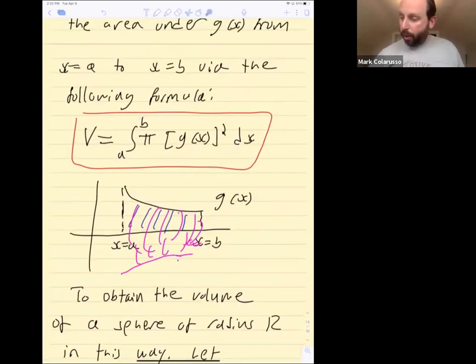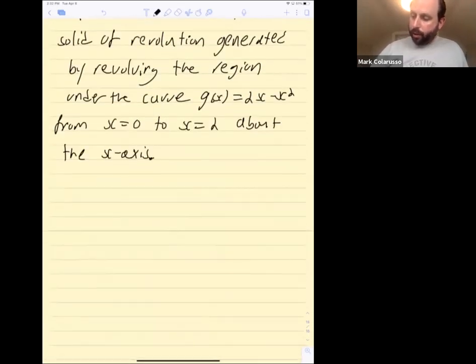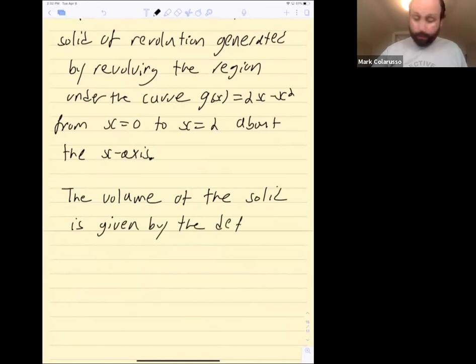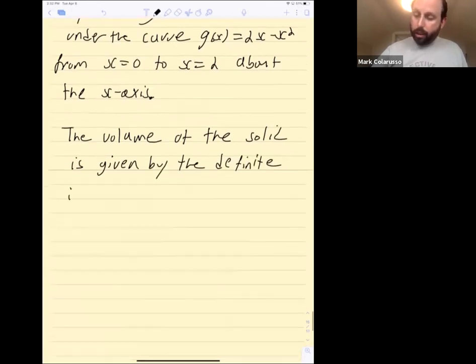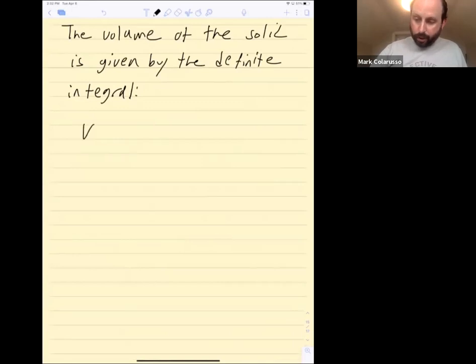Our a is 0, our b is 2. So the volume of the solid is given by the definite integral from 0 to 2 of pi times g of x squared dx.